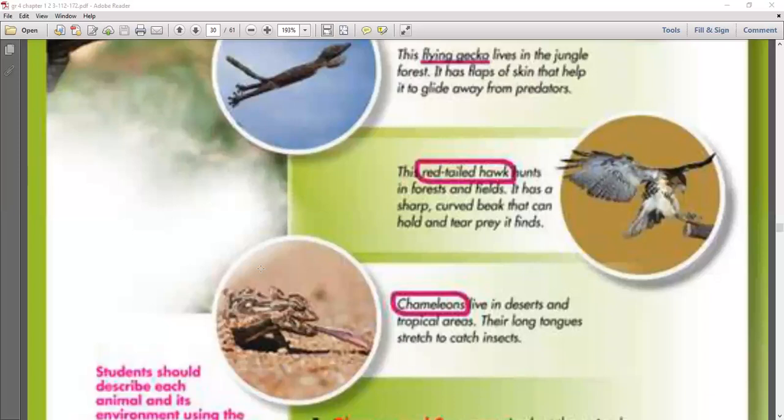Mister, I want to say something from the last page. What does hibernation mean? Hibernation means that some animals, in winter or in the cold season, go inside a place and be inactive, like sleeping, for a long time.